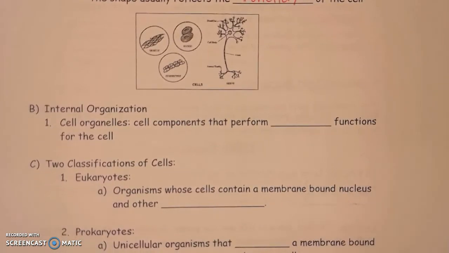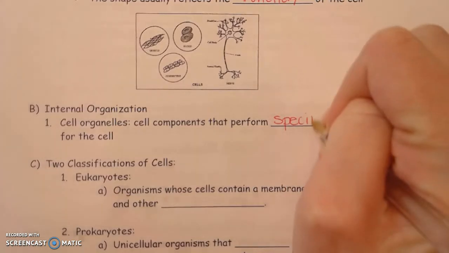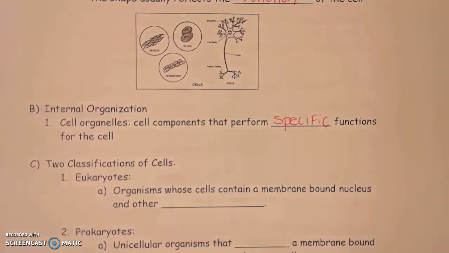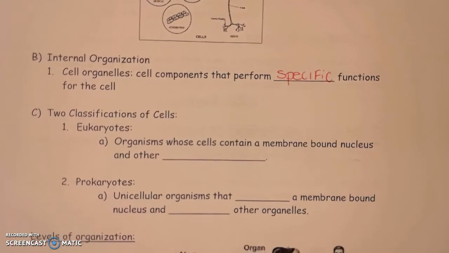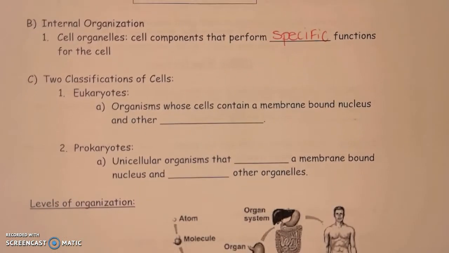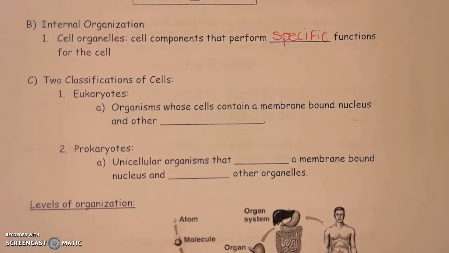Another difference is the internal organization. So, cell organelles, which we already know, are cell components that perform specific functions for the cell. There are two classifications of cells we will talk about this year. Eukaryotes, okay, that E is silent, eukaryotes.